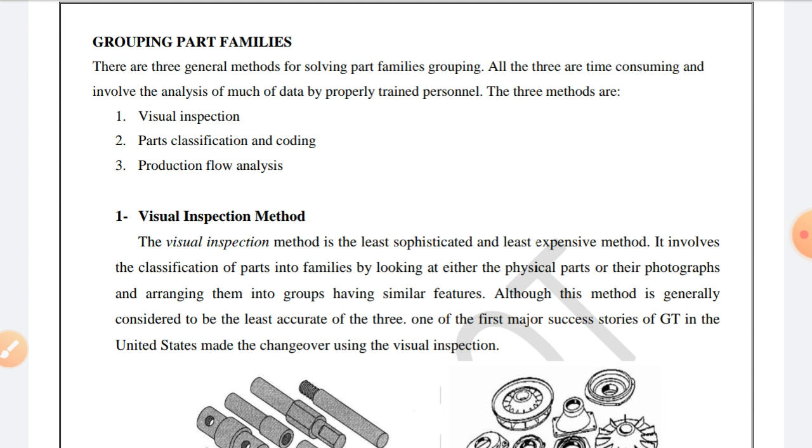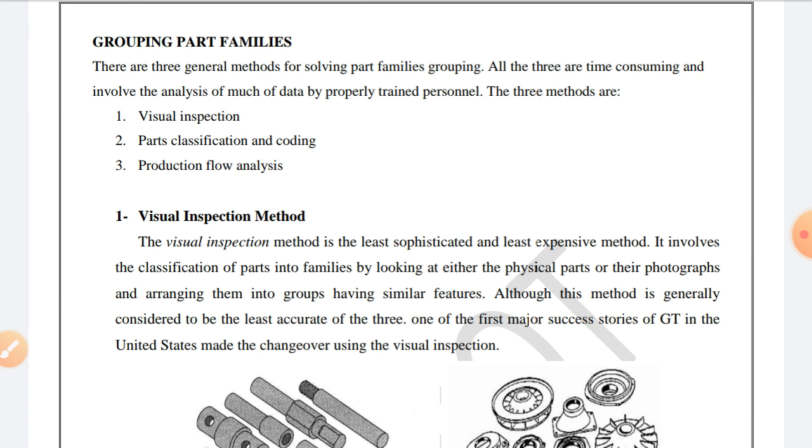All three are time consuming, because you have to identify the components' similarity and make a group on that basis. One is visual inspection, second is part classification and coding, and third is production flow analysis. So these are the three different methods.